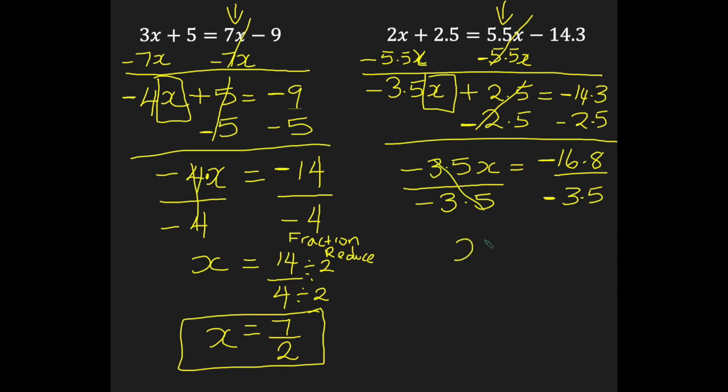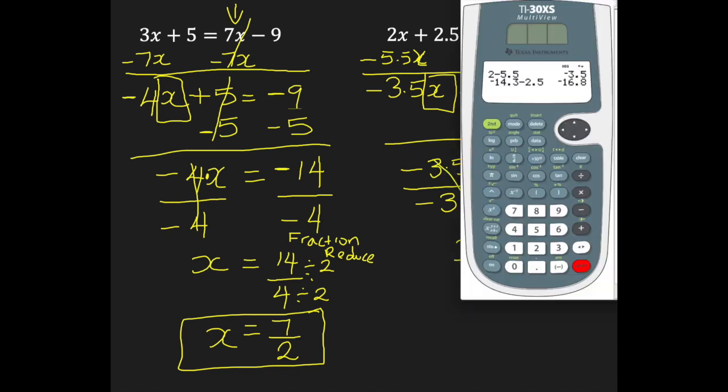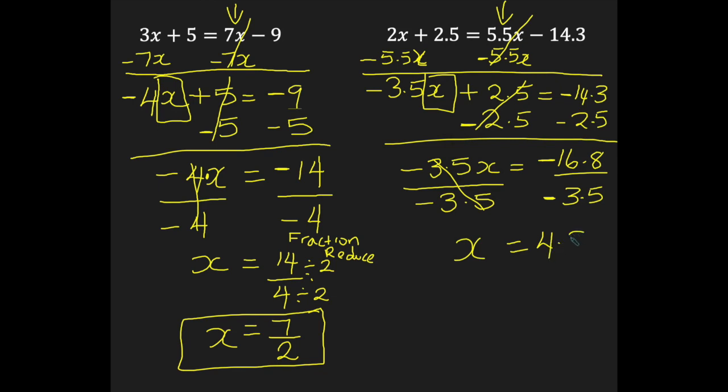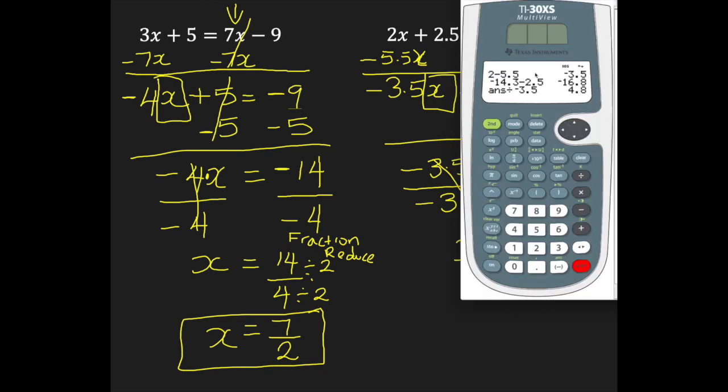That cancels. You get x equals. I'm going to pull out my calculator again. All I'm going to do is press divide, and notice it wrote answer, which is this. And I'm going to divide by negative 3.5. And my answer is 4.8. So if you have a decimal, basically you're just using the calculator to do the computation. I subtracted here first.